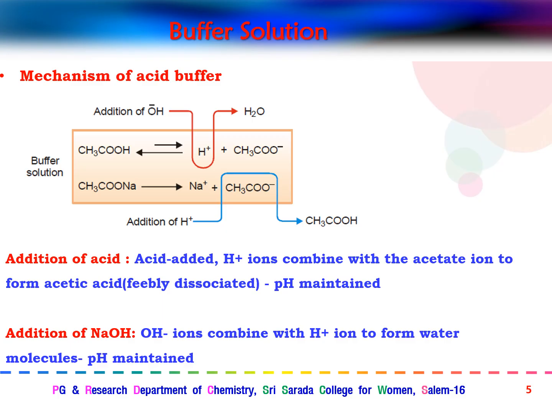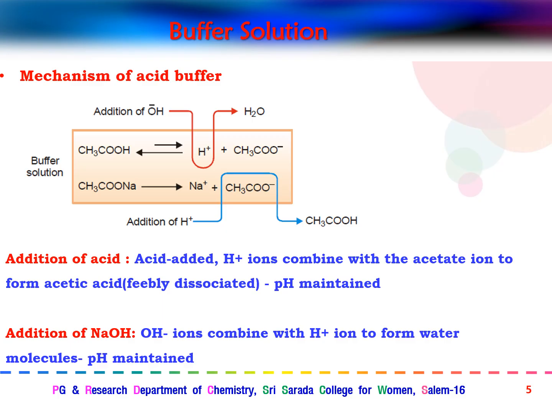Now let us illustrate what happens by the addition of acid. Upon addition of HCl, the H plus ion concentration increases, and it combines with the acetate ions to form undissociated acetic acid. We know that acetic acid is feebly dissociated.